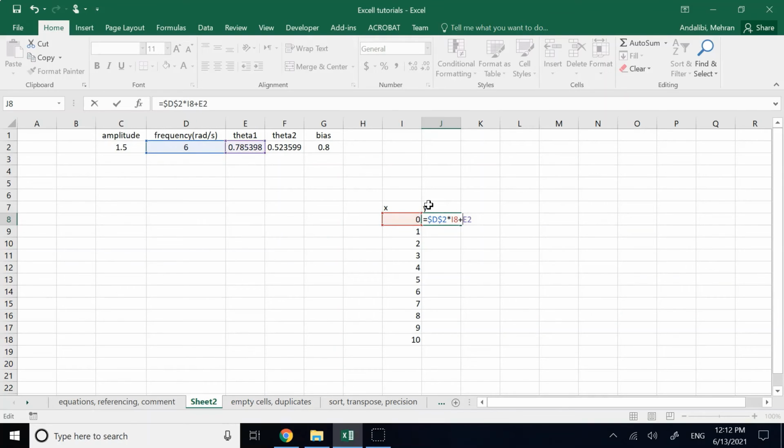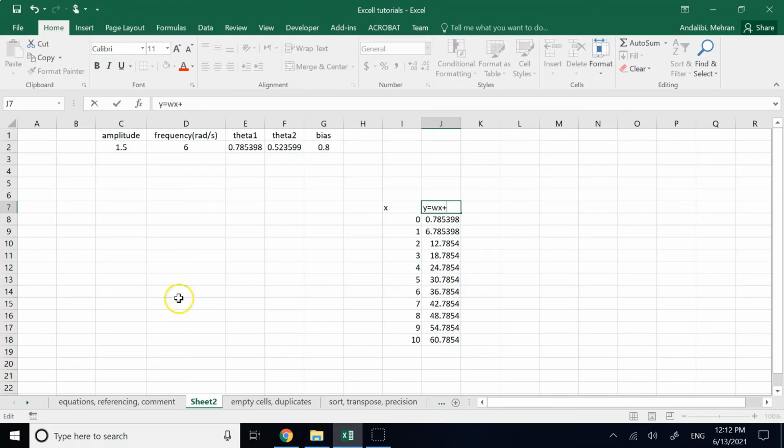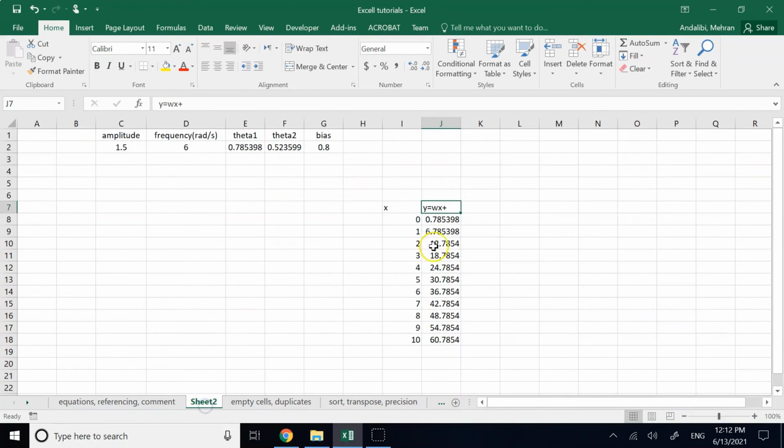The only thing I want to change are the I columns. Right? So I get this y and then I drag it down. So this y here is w times x plus whatever we called it here, c, where c is the theta.